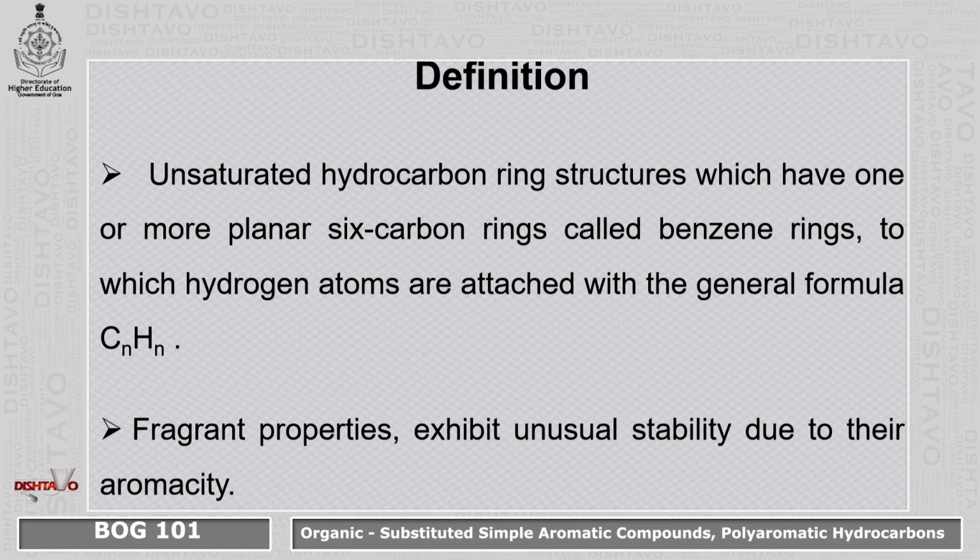To define aromatic compounds, they are unsaturated hydrocarbon ring structures which have one or more planar 6-carbon rings called benzene rings, to which hydrogen atoms are attached, with the general formula CnHn. They exhibit fragrant properties and also unusual stability due to their aromaticity.